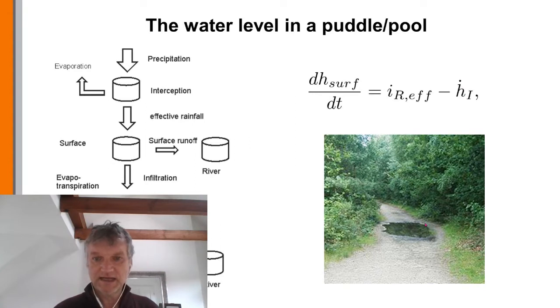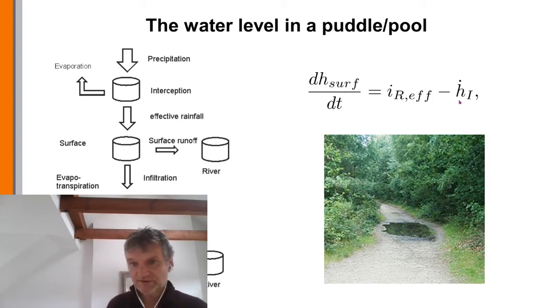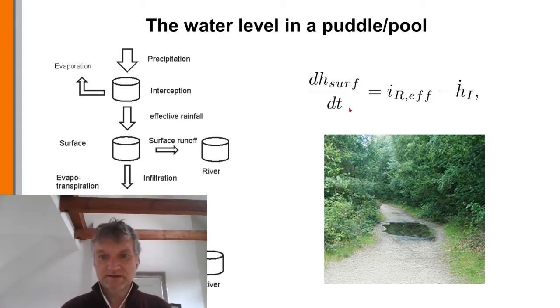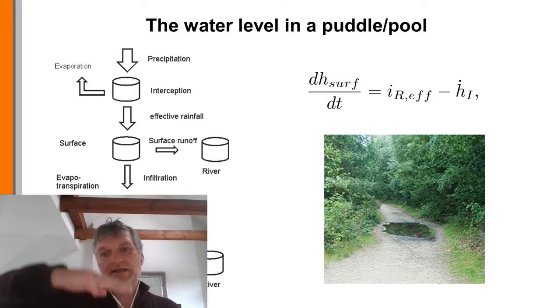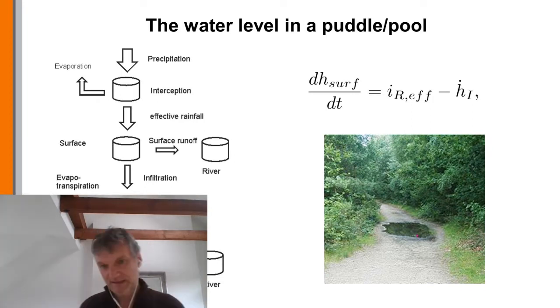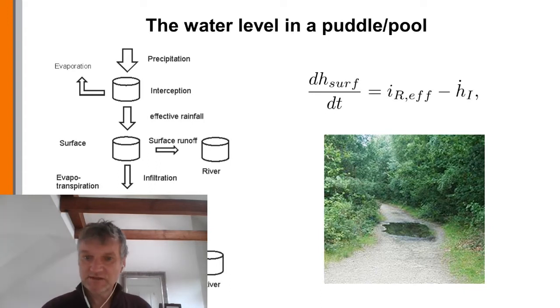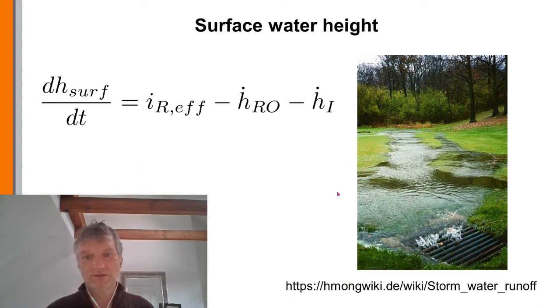If there is a large infiltration, when the infiltration is larger than the effective rainfall, then the surface of such a pool or puddle goes down, and when the rainfall intensity is larger than the infiltration intensity, then the height of the pool increases and the pool gets larger and larger. And when it reaches a certain height, for example here, so that it can flow down this small walkway, then we also have surface runoff, which looks like this.